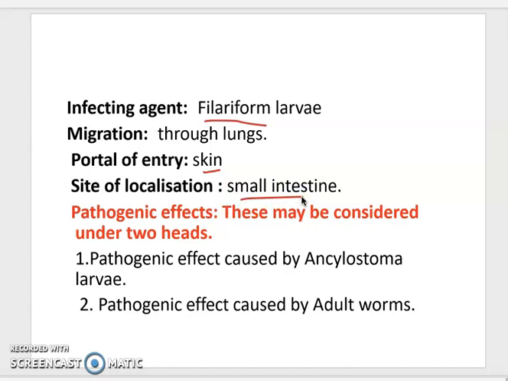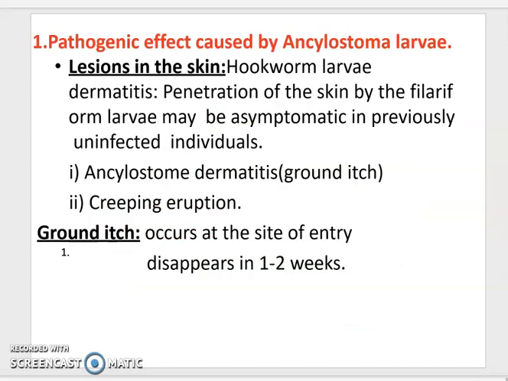The pathogenic effects are caused by the Ancylostoma larval form and the adult worm. So both the larvae and the adult can cause pathogenic effects in the host body. And what are the pathogenic effects caused by the Ancylostoma larvae?